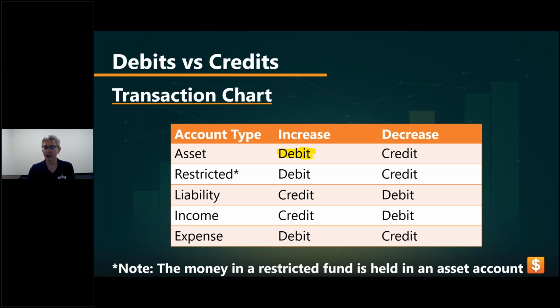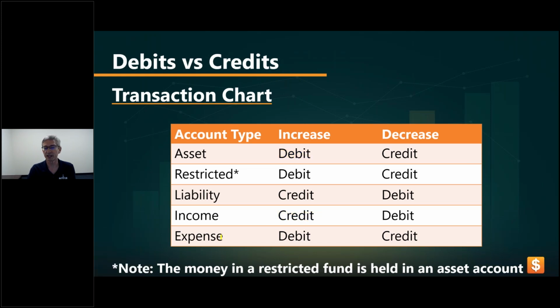If offerings are coming in, that's an income type of account. It might be a general fund income account that you use. And that works out perfectly in this chart as well, because a credit is increasing the income that you receive at the church.